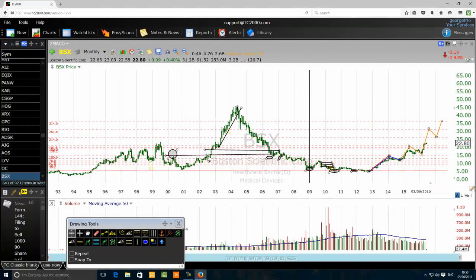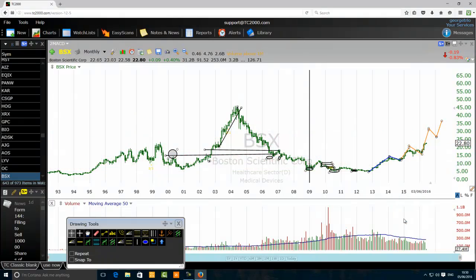One more thing I want to do, now that I've finished with this Fibonacci, I want to remove it. I want to do something else. I want to see how far the second minor wave of the third wave has pulled back in comparison to the first minor wave of the third wave. So I'm talking about this one in comparison to this one here.